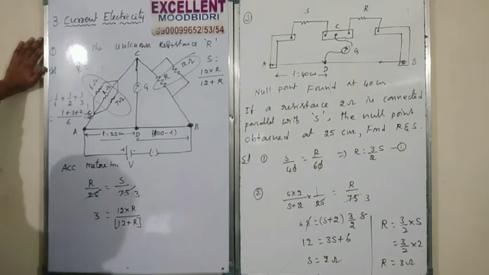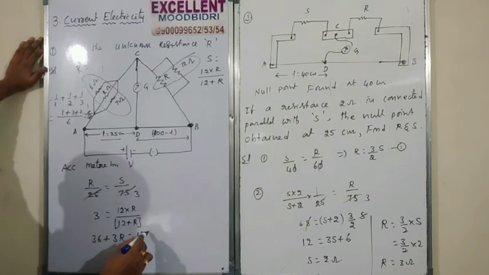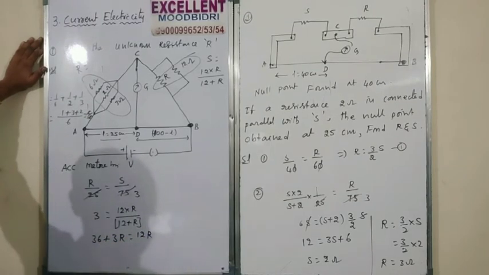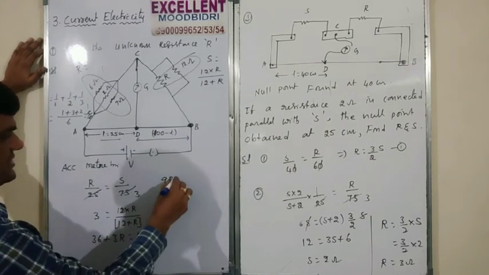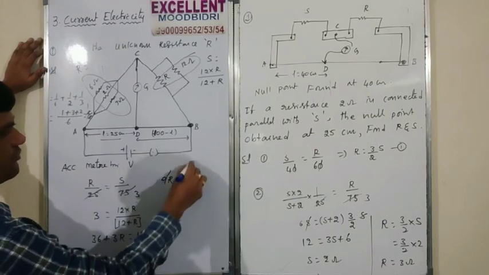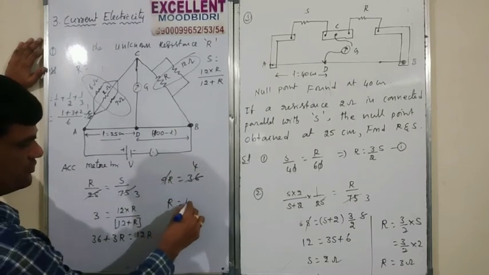Do cross multiplication: 12 threes are 36, so 3R is equal to 12R only. Transfer that side, 9R will come. So 12 minus 3, 9R is equal to 36. 9 fours are 36. Therefore R is equal to 4 ohms.